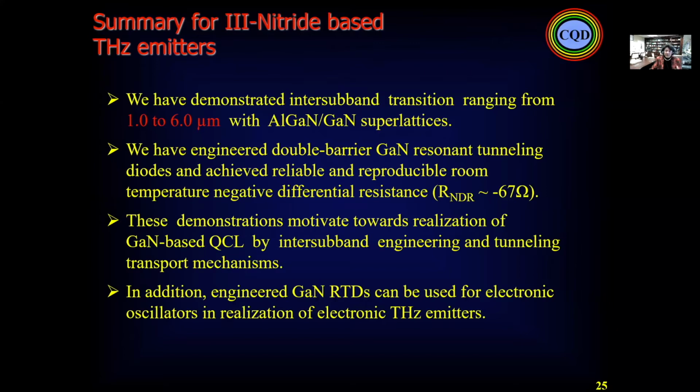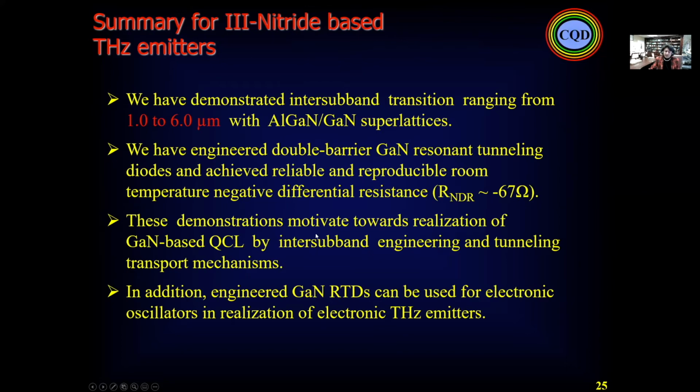In summary, for the trinitride-based materials from deep UV up to terahertz, we have demonstrated intersubband transition ranging from 1 to 6 microns with aluminum gallium nitride superlattices, and we have engineered a double-barrier gallium nitride resonant tunneling diode and achieved reliable and reproducible room temperature negative differential resistance.